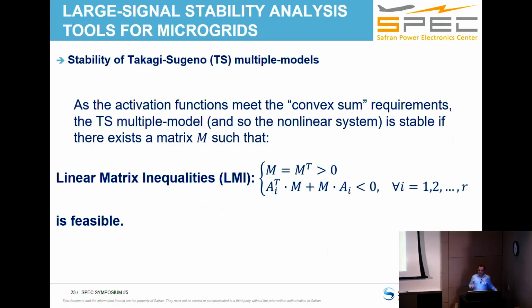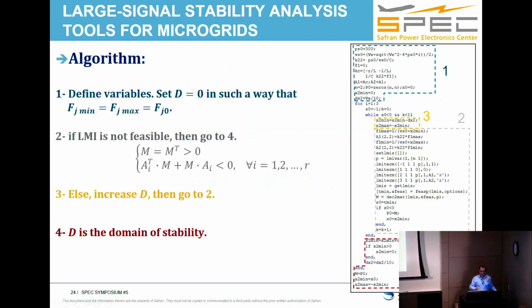But the good news is that you don't need to identify all these nonlinear weighting factors if you are looking for the stability. So forget the nonlinear weighting factors, just focus on the A_i matrices, and if you can find a positive definite matrix M satisfying this LMI, then your system is stable. Now, an algorithm allowing us to define a domain D in which this LMI is feasible.